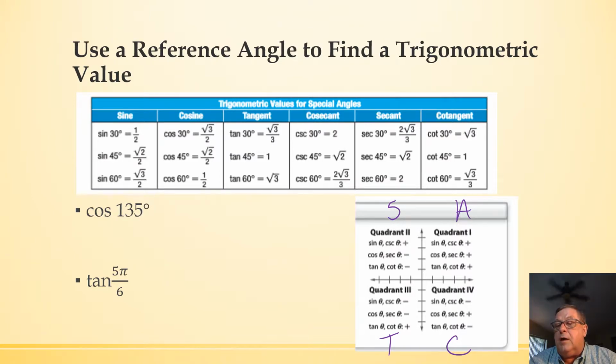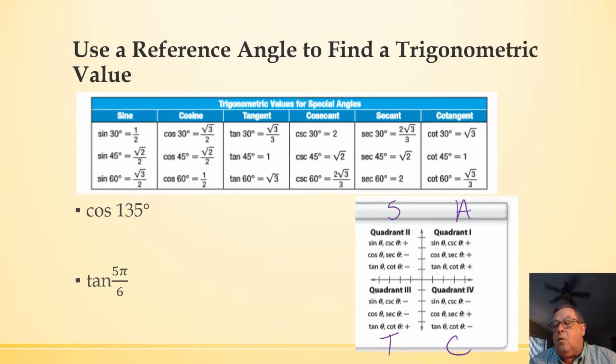In quadrant 3, all students take, there we go, quadrant 3. So we're talking about tangent and its reciprocal, the cotangent. Those will be positive, but the sine and cosine functions are going to be negative.